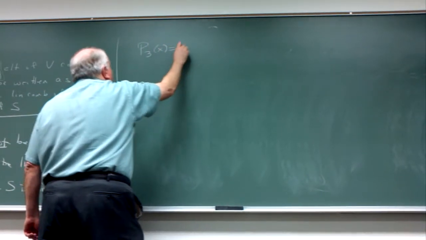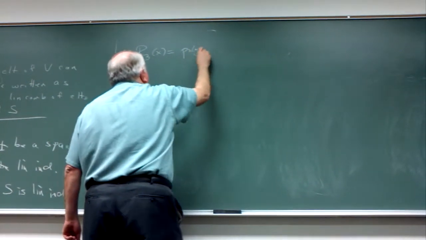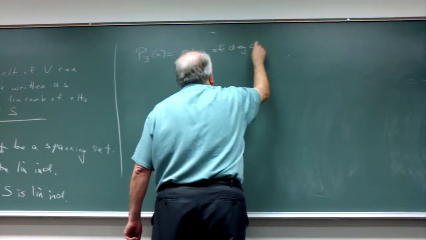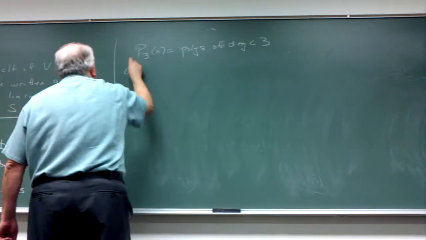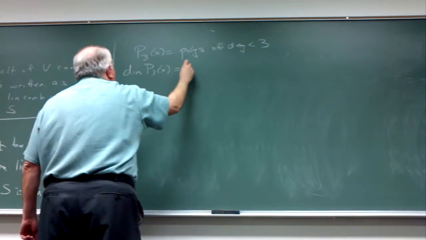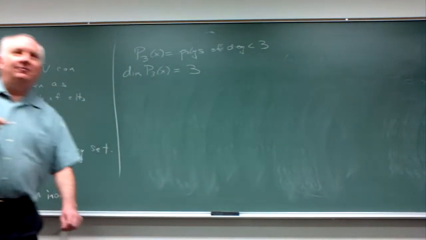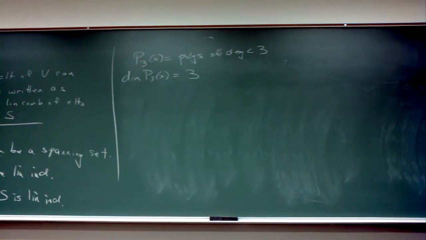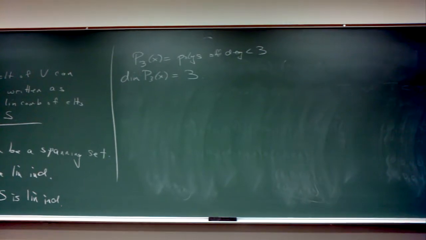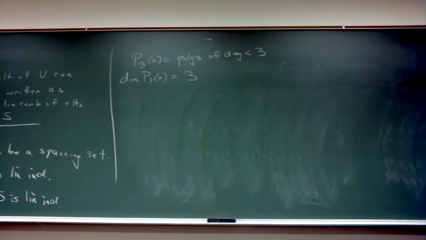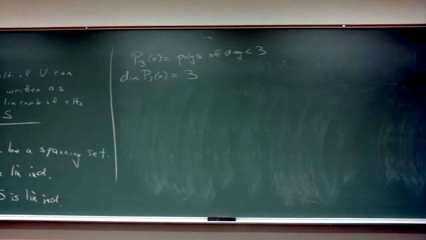The dimension of P3 is 3. So any set with more than 3 elements is guaranteed to not be independent. Any set with less than 3 elements is guaranteed to not span.